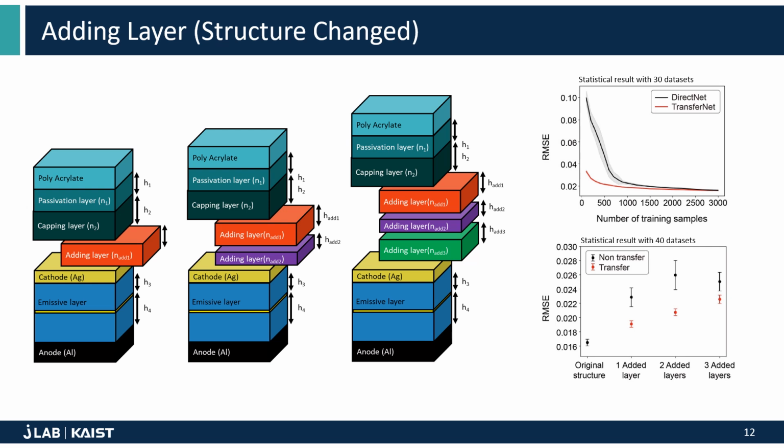So it shows that transfer learning has high data efficiency and high tolerance. This is one part of our paper, and next we will deal with the error prediction network.